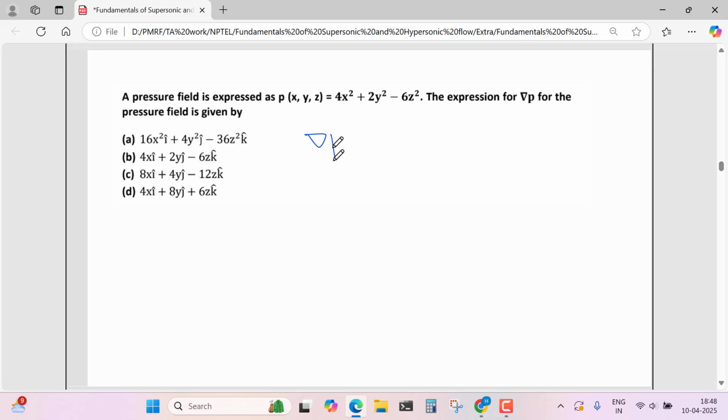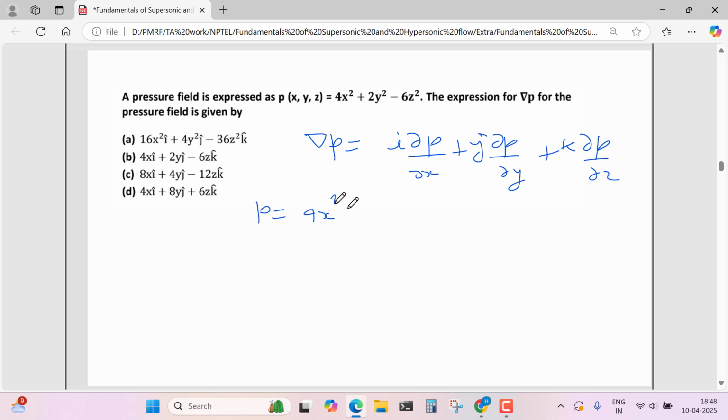So how is del P given? Del P is nothing but i dou P by dou x plus j dou P by dou y plus k dou P by dou z. We know that P is 4x square plus 2y square minus 6z square. So what will be dou P by dou x? Dou P by dou x will be 8x. What will be dou P by dou y? It will be 4y.